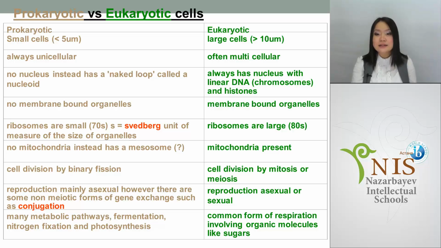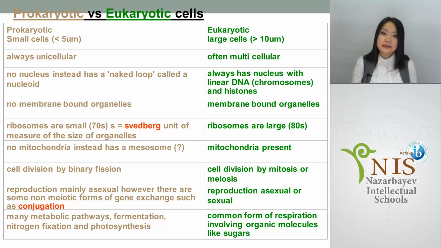Eukaryotic cells have a true nucleus with linear DNA, which we call chromosomes, DNA with histones. Prokaryotes have no membrane-bound organelles. In eukaryotes we could find membrane-bound organelles.